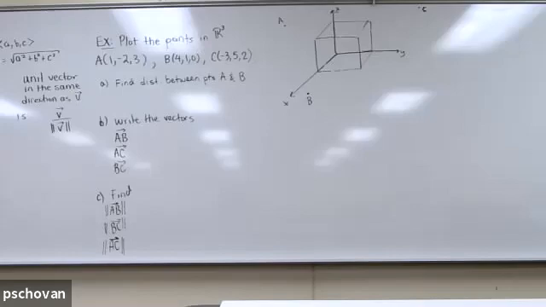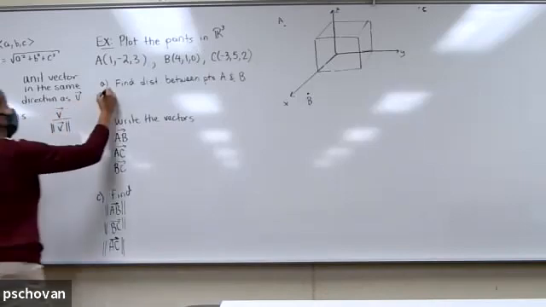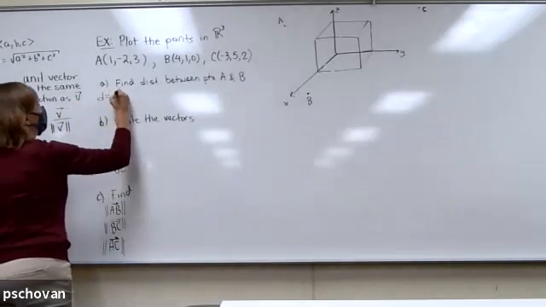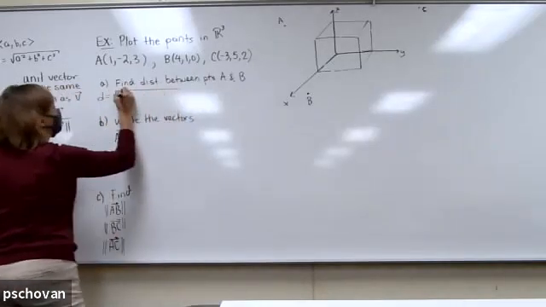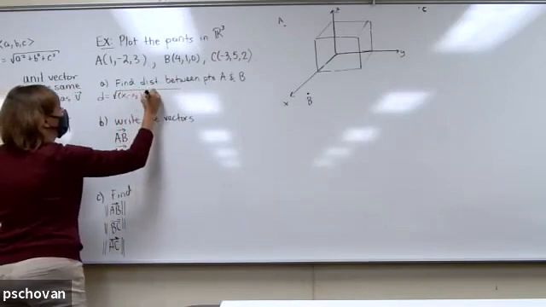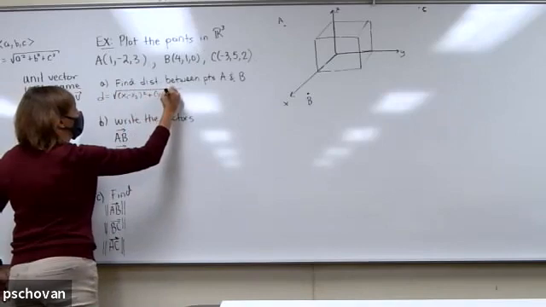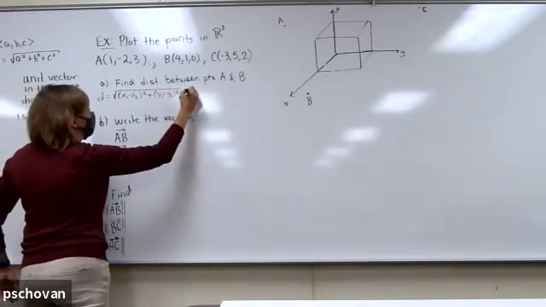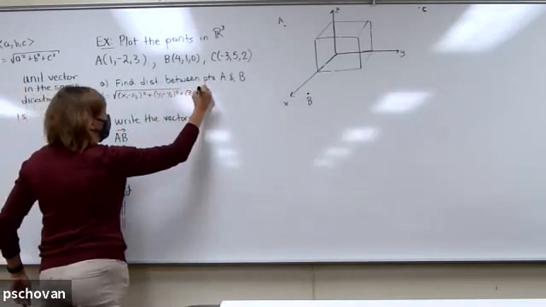The distance will be the difference in the x's squared, plus the difference in the y's squared, plus the difference in the z's squared. So the distance between any 2 points will be the square root, change in x, squared, change in y, squared, plus change in z, squared.